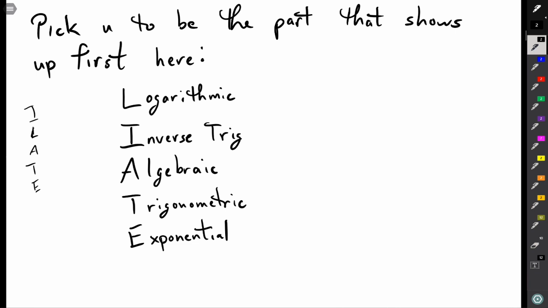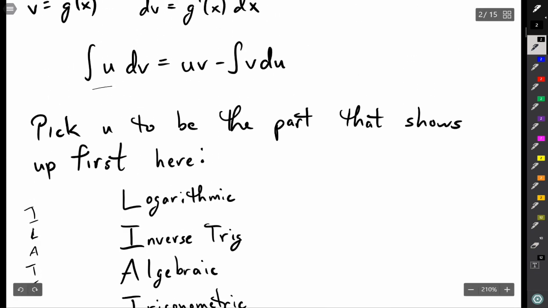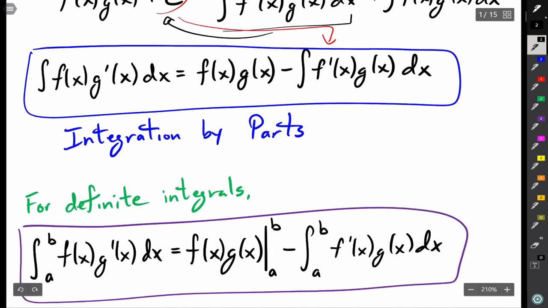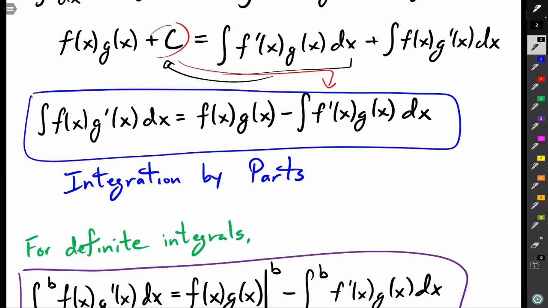But the idea here with integration by parts is to think about how it's actually working. Whenever we apply integration by parts, we're undoing a derivative on g, and we're adding a derivative to f. F corresponds to u, g corresponds to v.